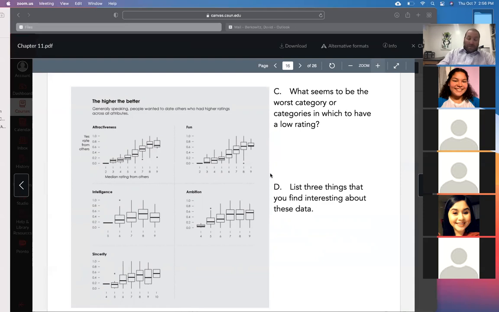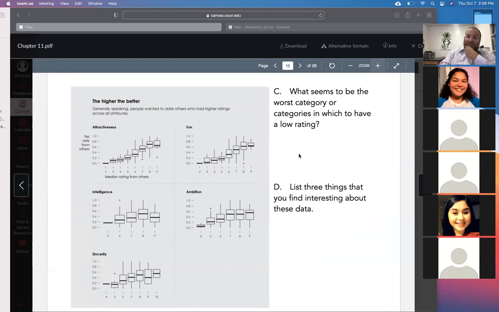Maybe intelligence. If somebody was rated a 10, maybe we could see it going down a little farther. Like even here, it doesn't go up nearly as much as the others do. Yes, this is below 20%, this is 40 something percent, but it's never really shooting up significantly.